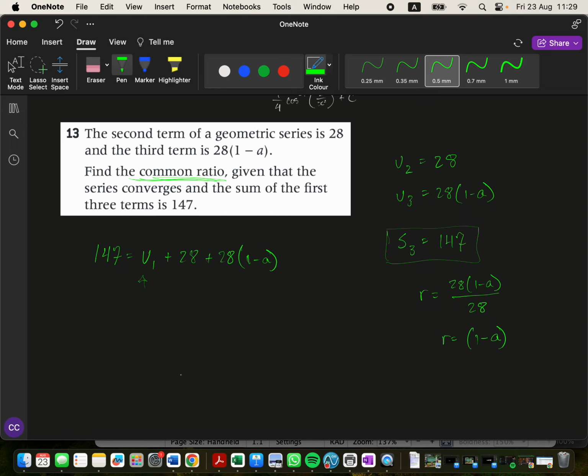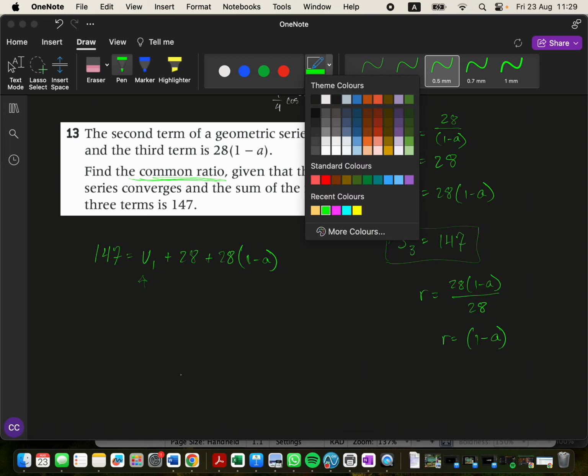But this also allows us to know what the first term is, because U1 is going to be 28 divided by the common ratio, 1 minus A. Because if I divide a step before by the common ratio, I'll have that term.